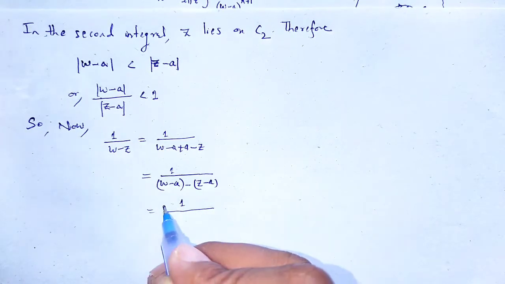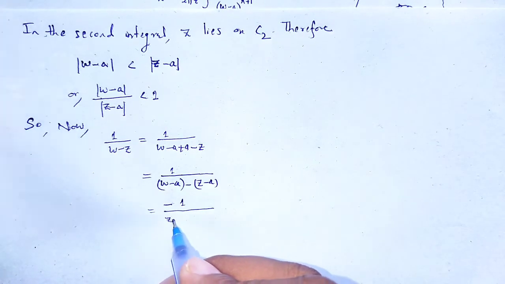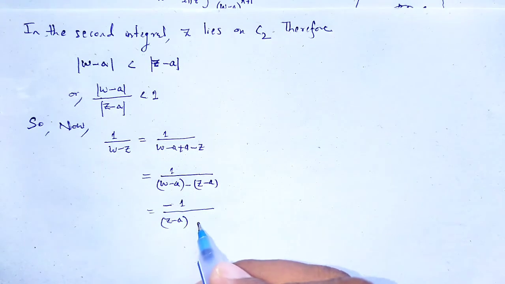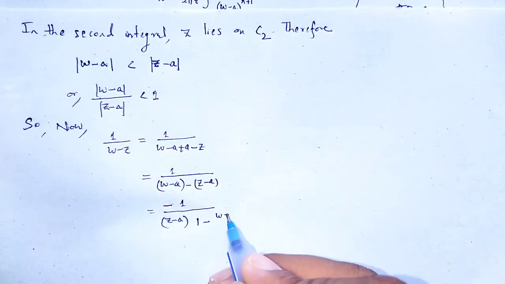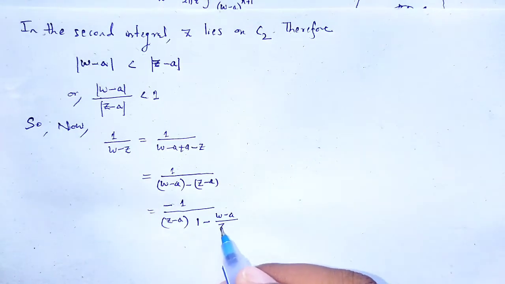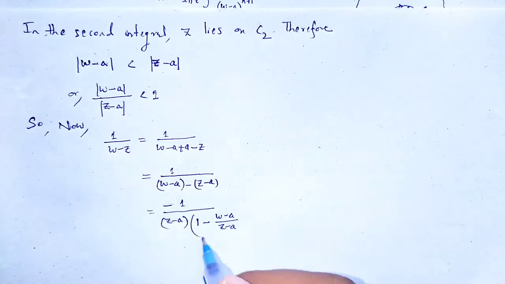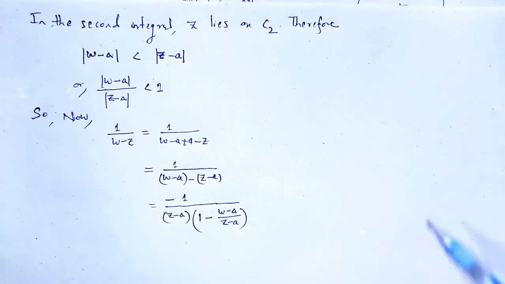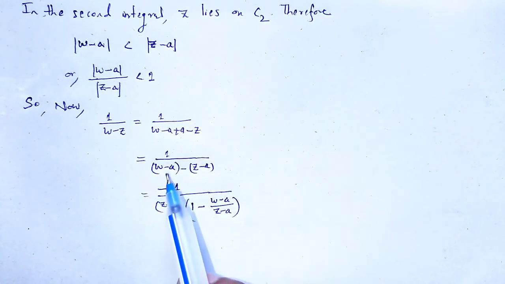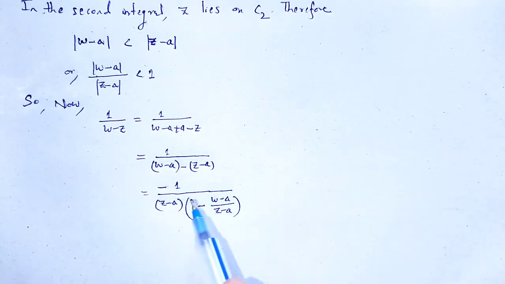Taking z minus a as common, we have 1 minus (w minus a) divided by (z minus a), taking z minus a as common in the denominator side.